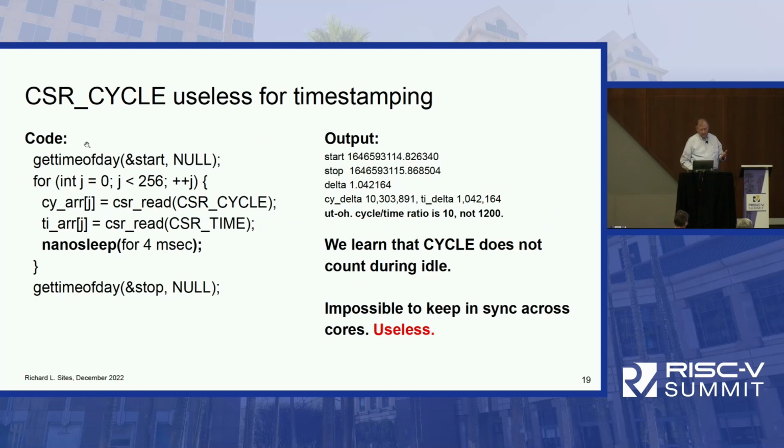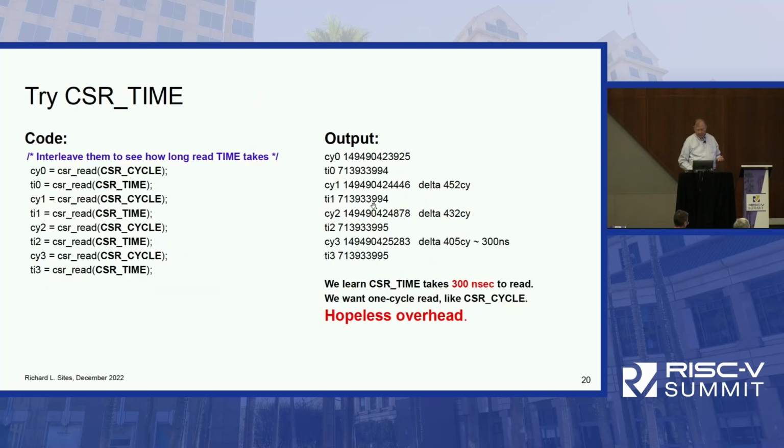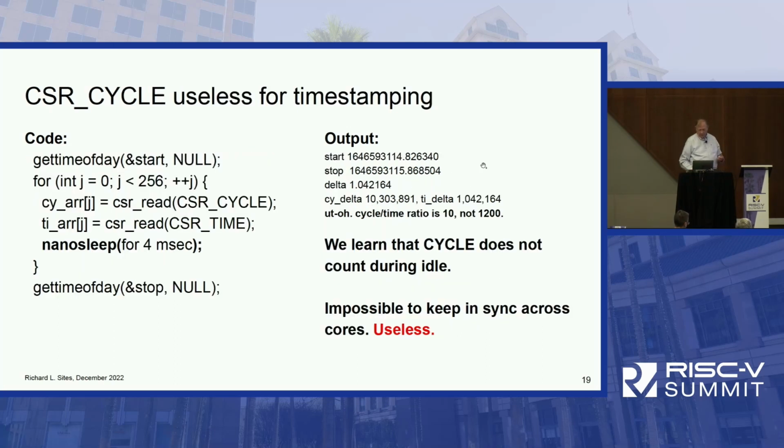So I did another loop of just get time of day, doing a loop, but inside the loop, sleeping for 4 milliseconds at a time. And each time reading the cycle counter and the time counter and storing them in an array, and doing that 256 times. And so we get the start time, the stop time took a second. The cycle counter delta was what I expected, but the ratio of time to cycles is no longer 1,200 per microsecond, but only 10 per microsecond.